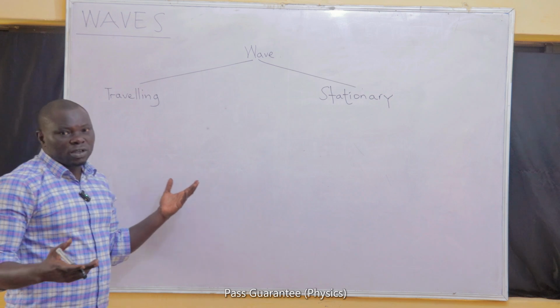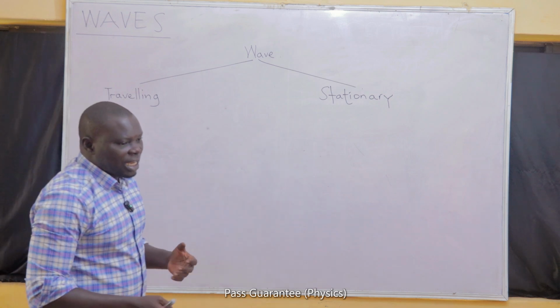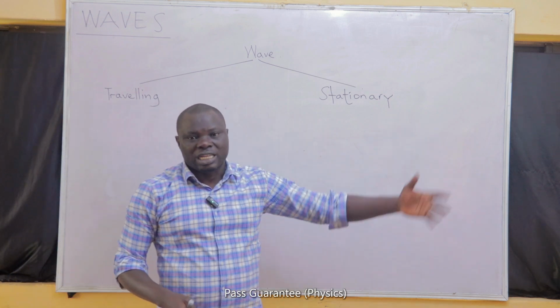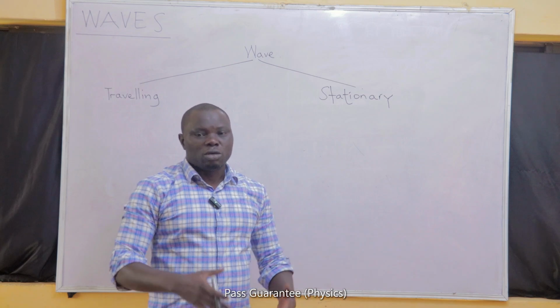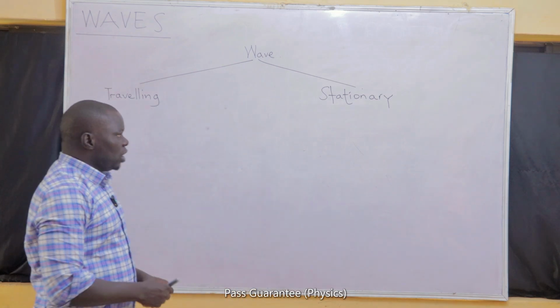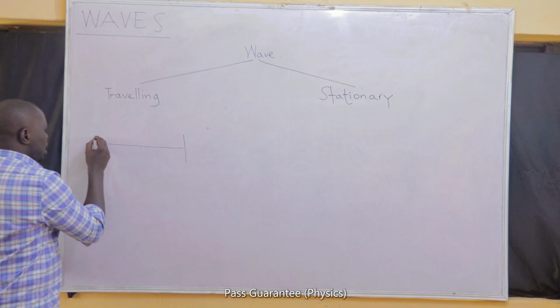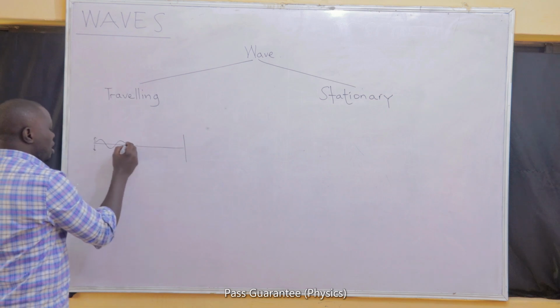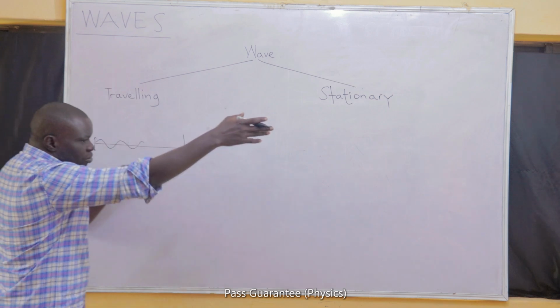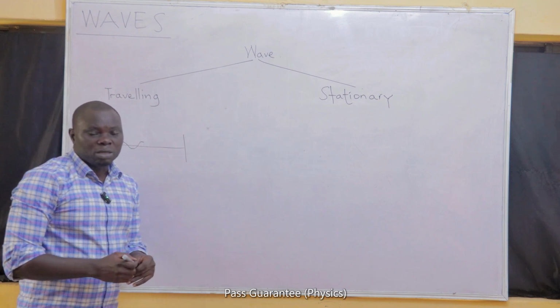Traveling waves are waves that are generated and radiated outward, and they move outward from the source. Almost all waves fall into that category. When you set up a wave on a rope, there's a point at which you are generating it, and from that point, it will leave the point and move to other points on the medium.